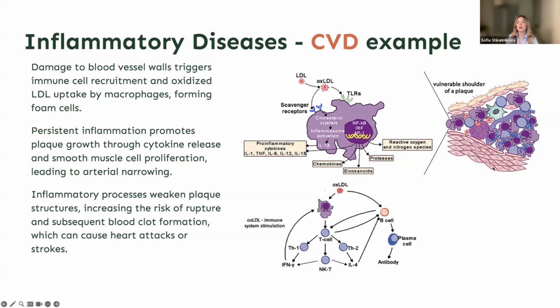This buildup, of course, can be a huge risk of rupture and subsequent blood clot formation, which can cause heart attacks or stroke. So this inflammation contributes to the progression of atherosclerosis and development of cardiovascular disease.